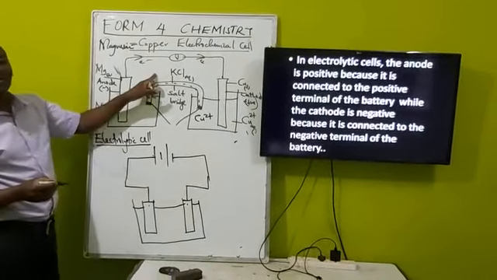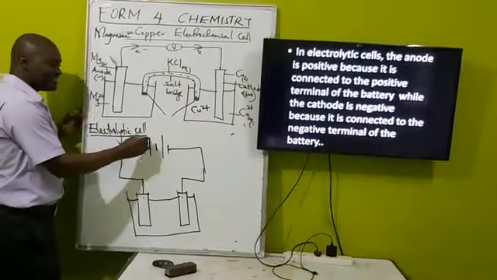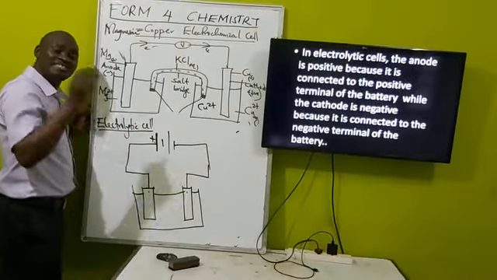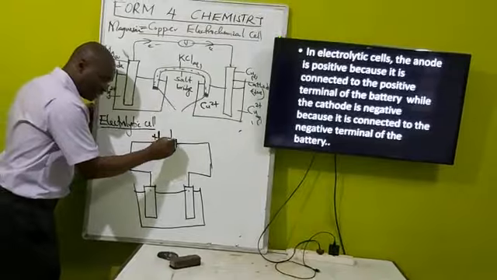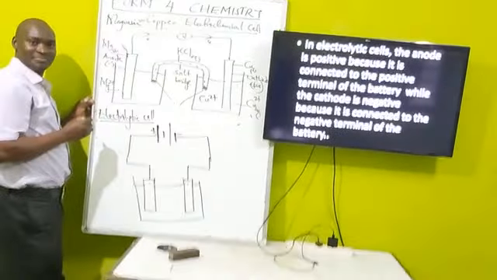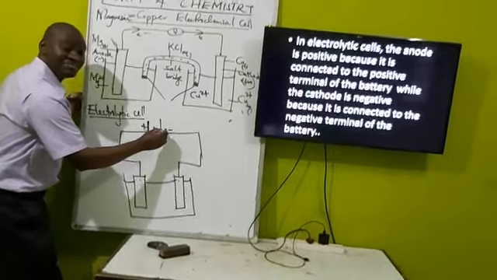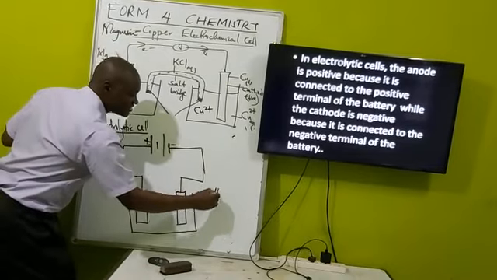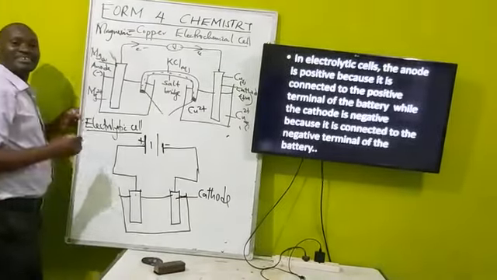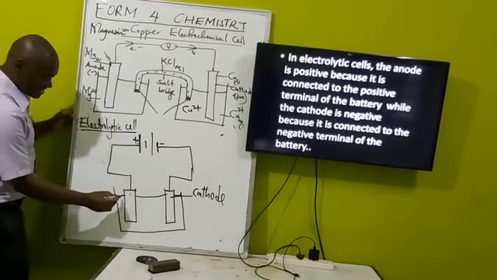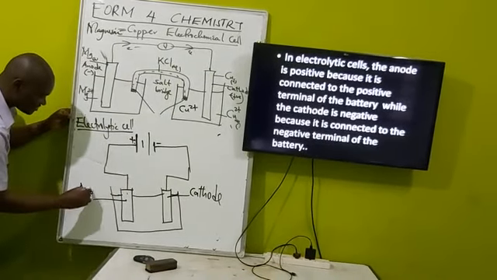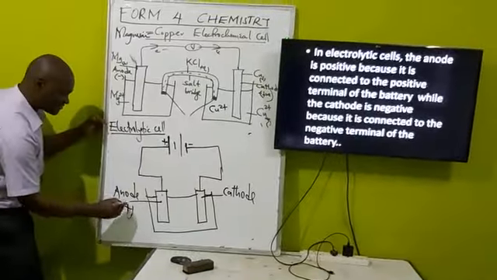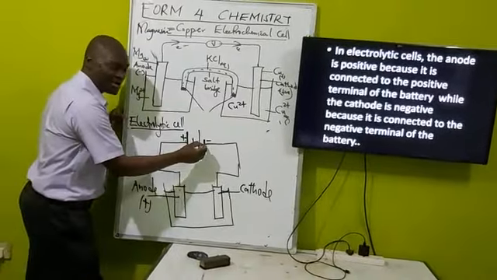Don't confuse it with the electrochemical cell. Now, in an electrolytic cell, this side, the long one, is the positive terminal of the battery. The short one is the negative terminal of the battery. Anything connected to the negative terminal becomes negatively charged. So, this one is the cathode. The one connected to the positive terminal is the anode. Anything connected to the positive is positive. Anything connected to the negative terminal is negative.